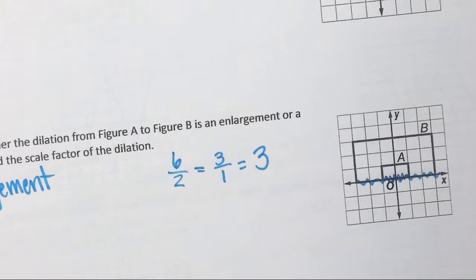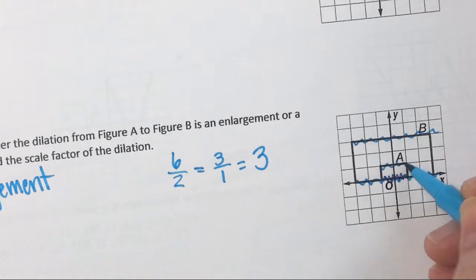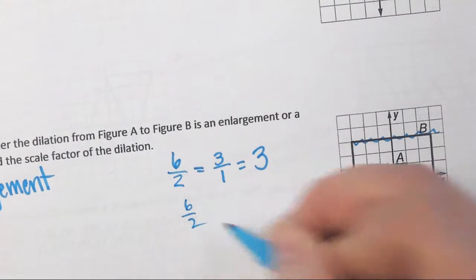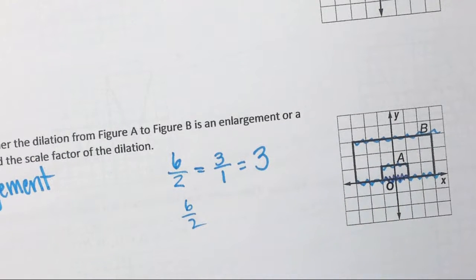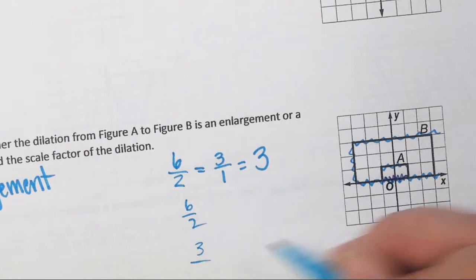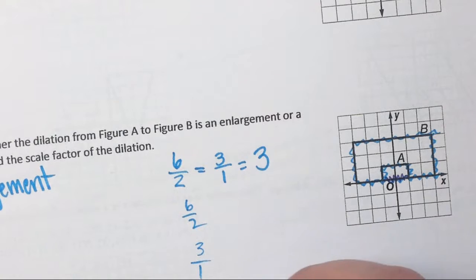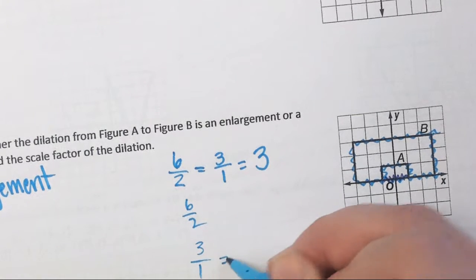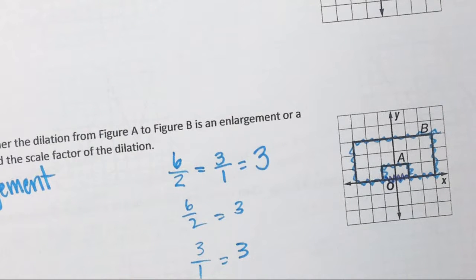So I have to do the same thing with all the other sides. So if I counted up here, it'd be 6, up 2 again. And if I count on the sides, 1, 2, 3, 1, 1, 2, 3, 1. They all reduce to 3, so my scale factor is 3, and I'm positive that those are similar figures.